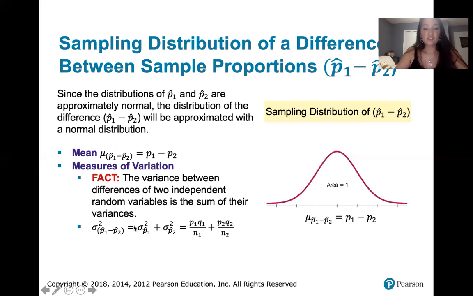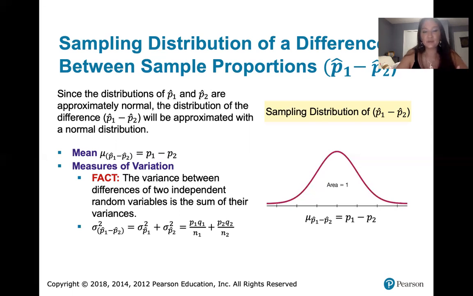Well, the variance for the first population is p1 q1 over n1, and the variance for the second population looks exactly the same, but it has different subscripts. So just applying this fact here, we have the variance of p̂1 minus p̂2 must be equal to this expression over here. Now, I have not proven that to you. I have not described why that is true. I'm just taking it as a fact. We're taking it as known, and then we're getting this result.